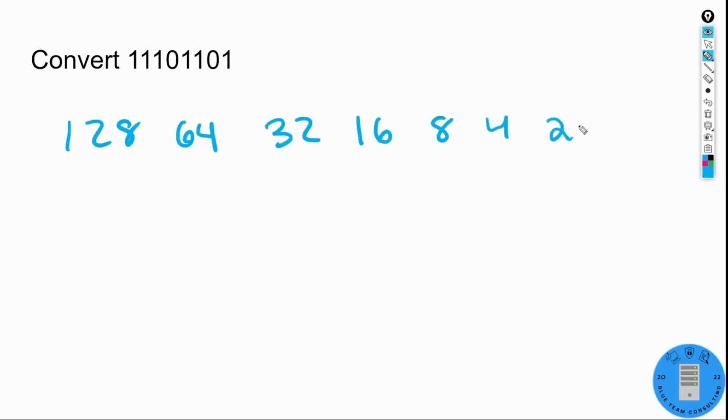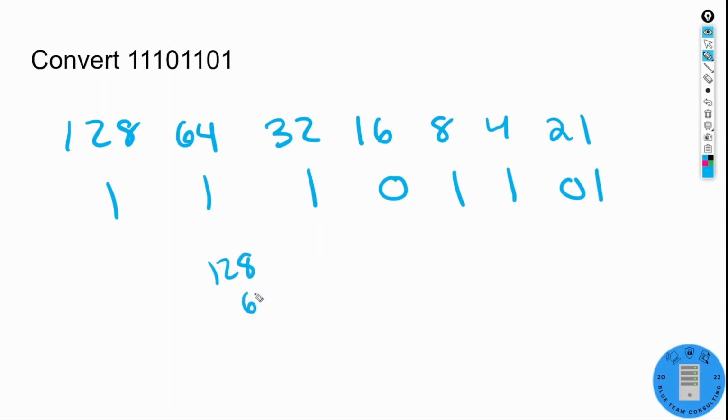All right, now we're going to convert. First step, 128, 64, 32, 16, 8, 4, 2, 1. Our bits are 1, 1, 1, 0, 1, 1, 0, 1. We add up all of the bits that are set.